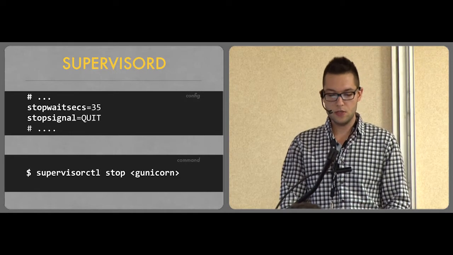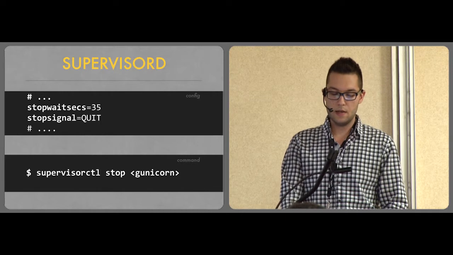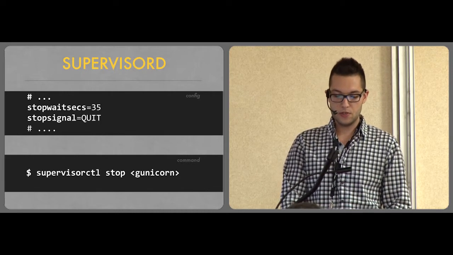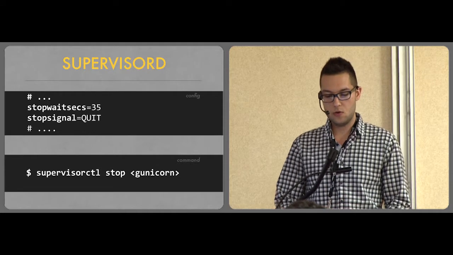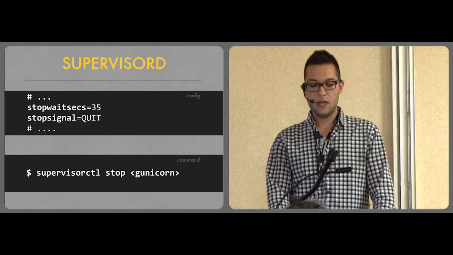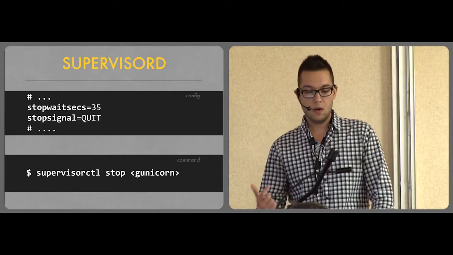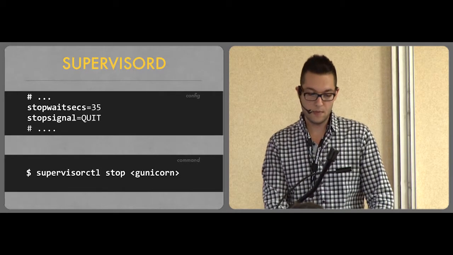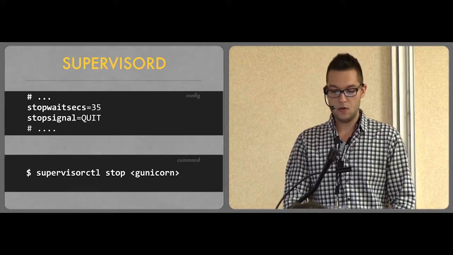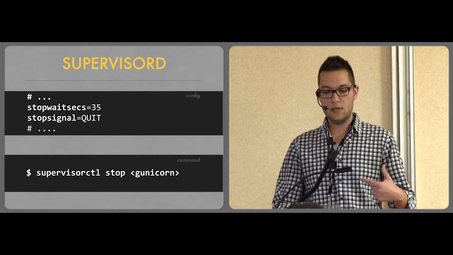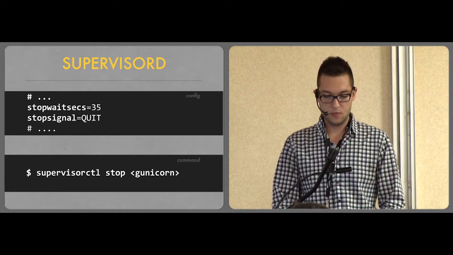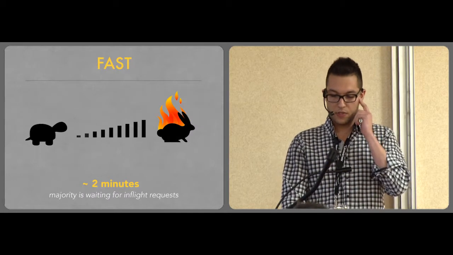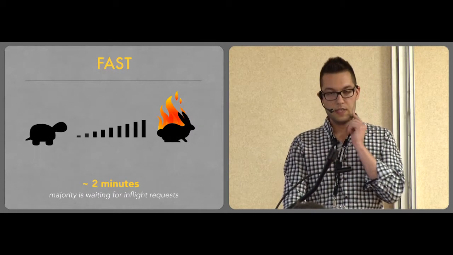Two of those are the stop signal and the timeout. When you run supervisor control stop and your Gunicorn process name, it'll wait until all the requests are finished, up until the timeout, before killing the workers. At that point, you can swap the symlinks, bring up the workers, and put it back into the pool. One thing that's great about this is that it's now really fast.